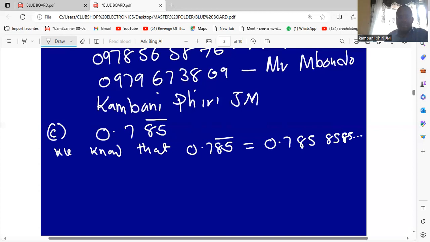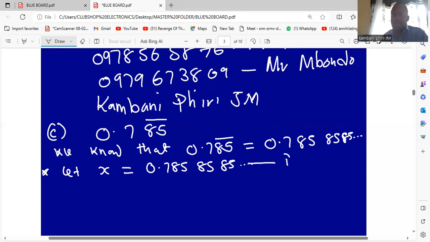Therefore, let x be equal to 0.78585... because it is only 85 that is repeating, and we shall call this our equation 1.